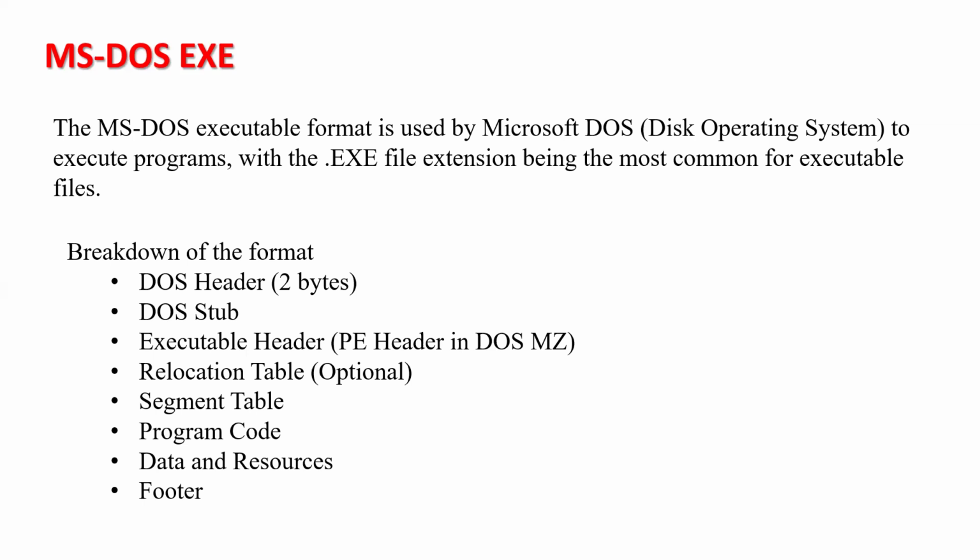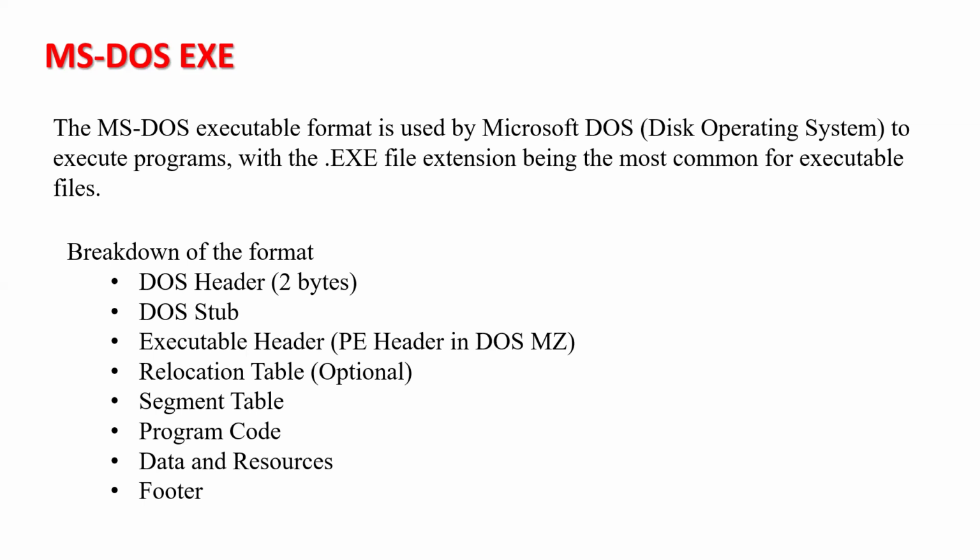It typically displays a message like, this program cannot run in DOS mode. If we execute an executable which cannot run in that mode, then this stub comes into the picture and displays this message. This stub is very minimal and is usually just a small message, as I said a while ago.